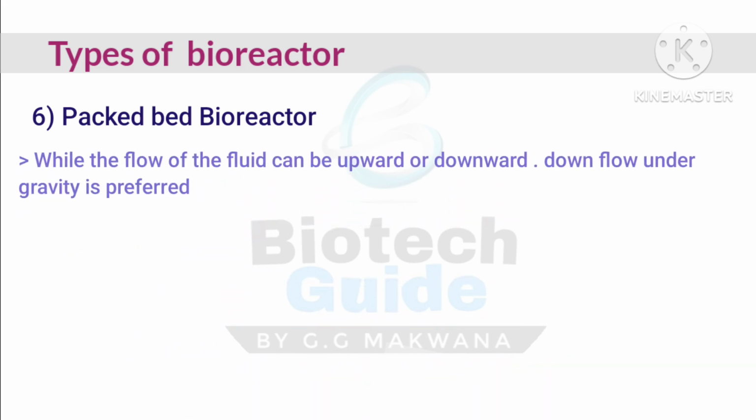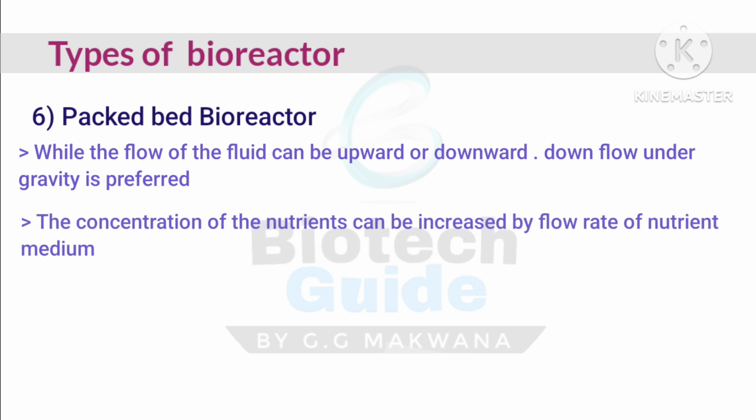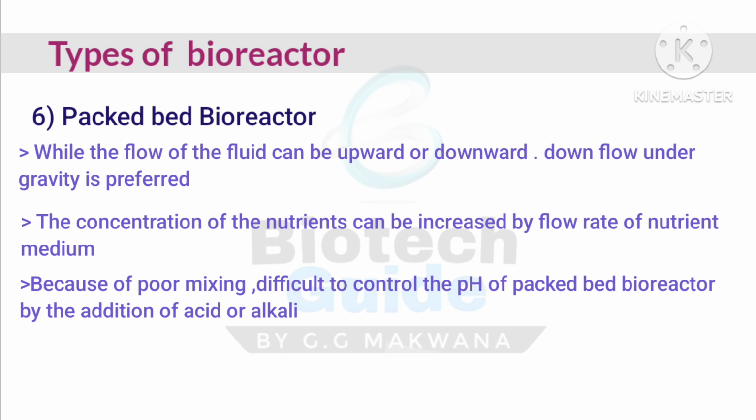The flow of this fluid can be upward or downward, basically downflow under gravity is preferred, and the concentration of the nutrient can be increased by the flow rate of the nutrient medium, and the pH of this medium may be maintained by the addition of an acid or alkali. So this is the simplest design of a packed bed bioreactor.